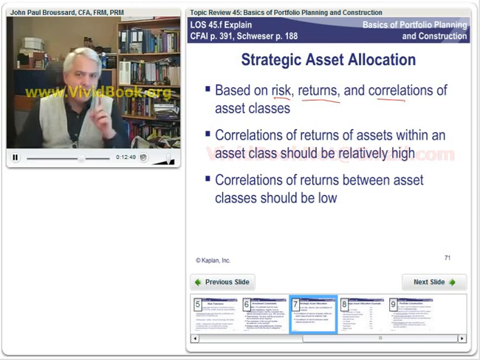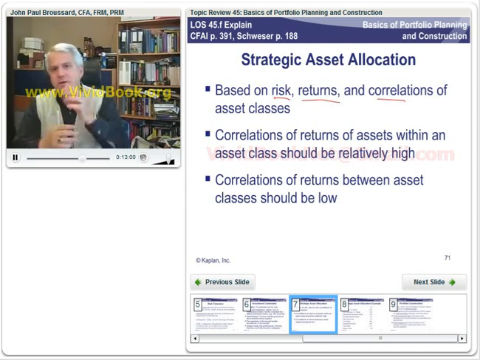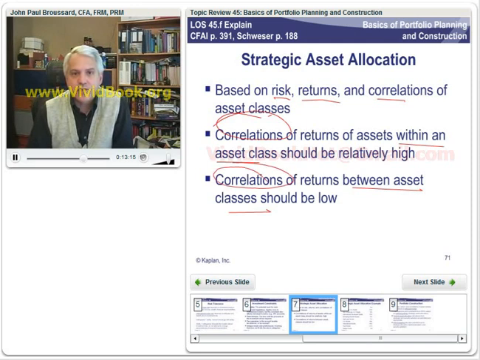Now, when we think about asset classes, when we think about equity and debt, sometimes those aren't as clear cut as you think. But at the end of the day, keep in mind that within an asset class, correlation should be high. Across asset classes, between asset classes, correlation should be low.